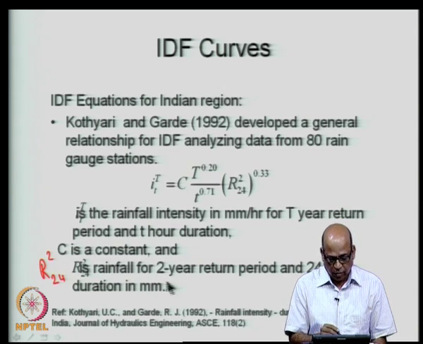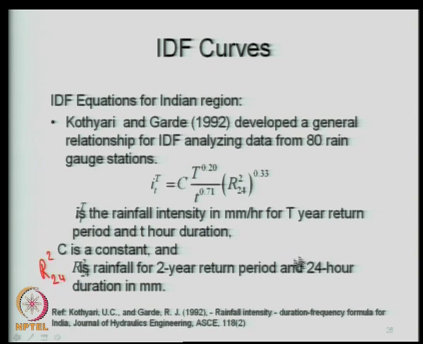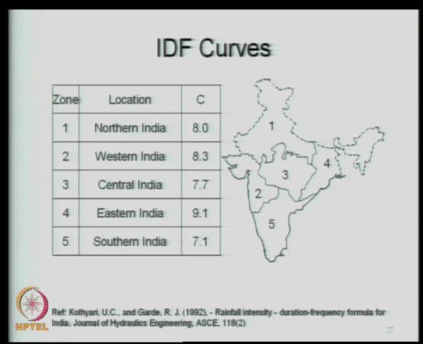Given 1 hour rainfall or given any duration rainfall, they have also explained how to obtain the 2-year return period and 24-hour duration rainfall in millimeters. So, we can use this and obtain I_T^t. And they have given the constant C.